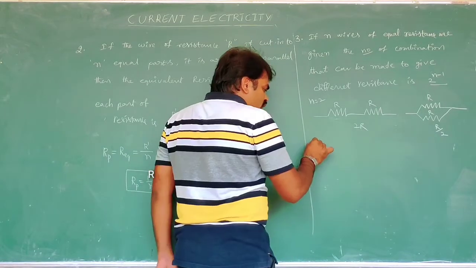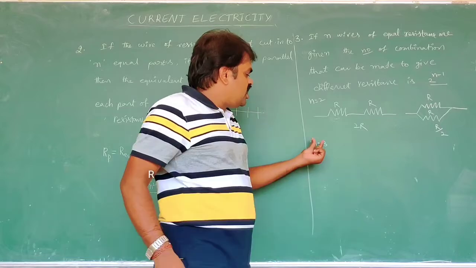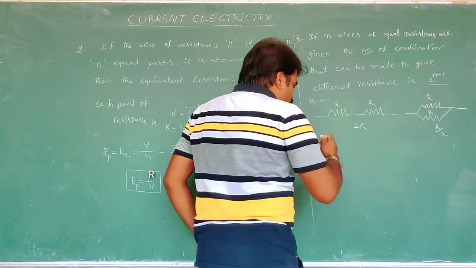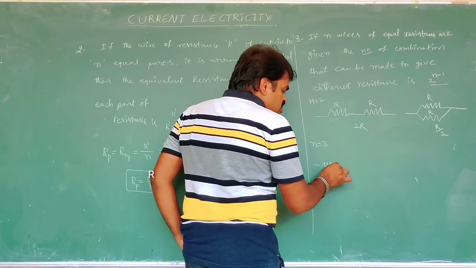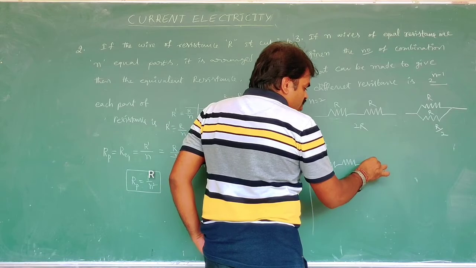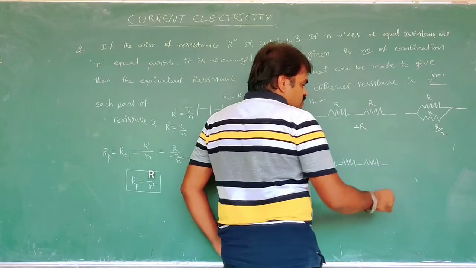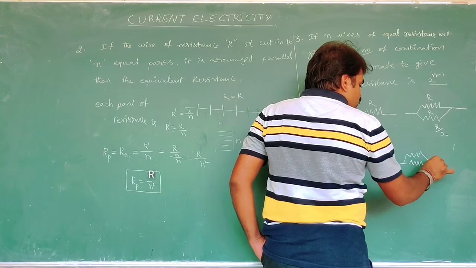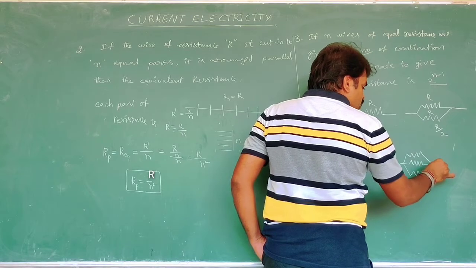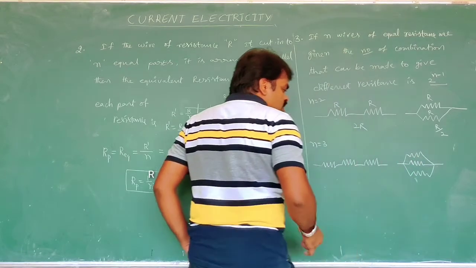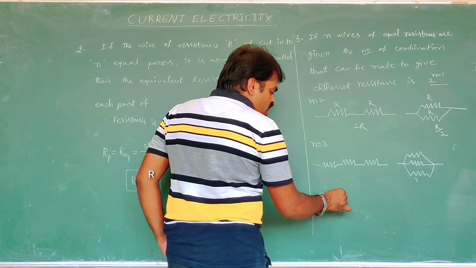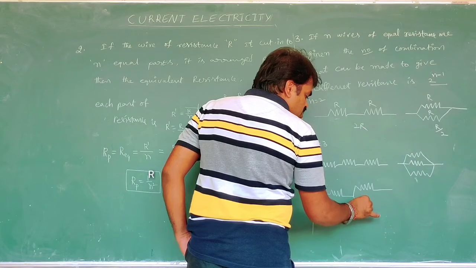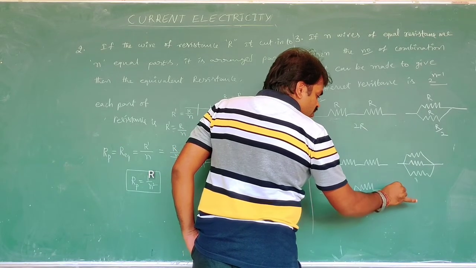For example, take n equal to 3 equal resistors. How many combinations are possible? The first one is 3 in series. The second is 3 in parallel. The third is 2 in series and the other in parallel.